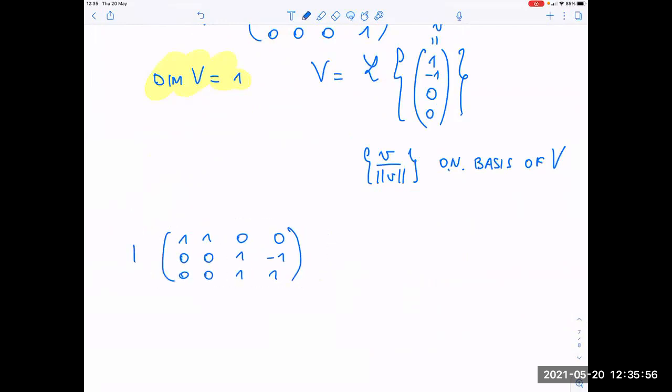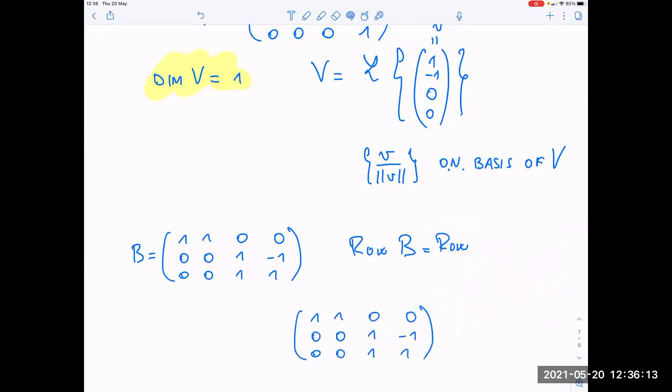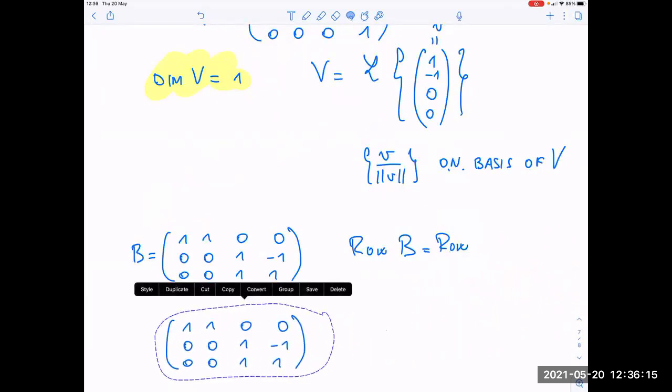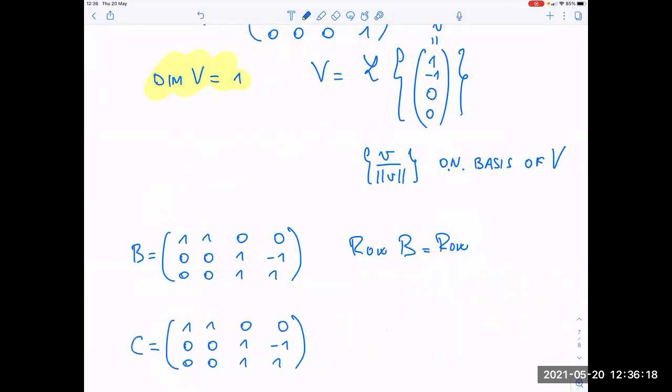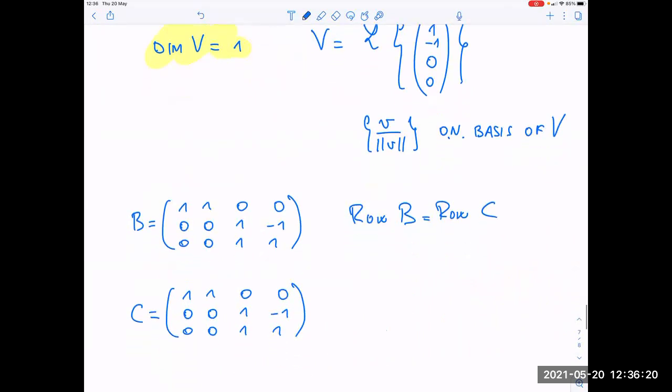So this is B. I look at the row space of B, which is equal to the row space of the even simpler matrix we have downstairs. So the row space of B is equal to the row space of C.